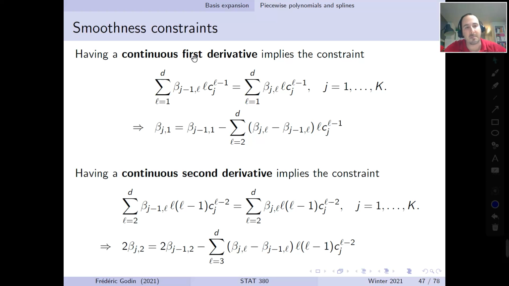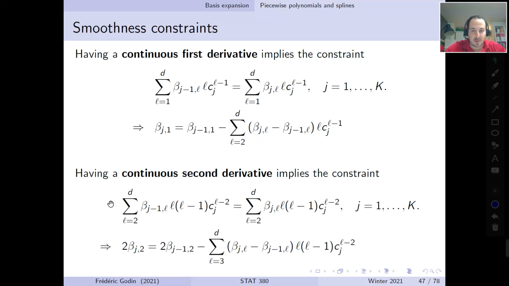So we can see that imposing a continuous first derivative on the piecewise polynomial is equivalent to constraining the first order betas of the function. If you know beta 0,1, then from that relationship you know beta 1,1, and from beta 1,1 you know beta 2,1, and from beta 2,1 you know beta 3,1, etc. So this constrains all betas associated with first order monomials.